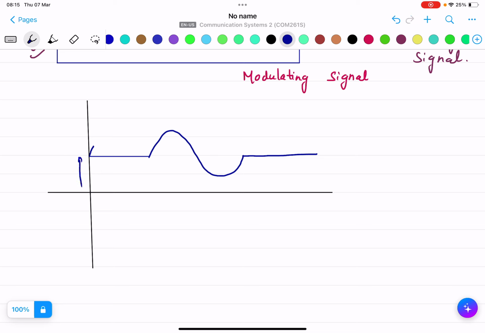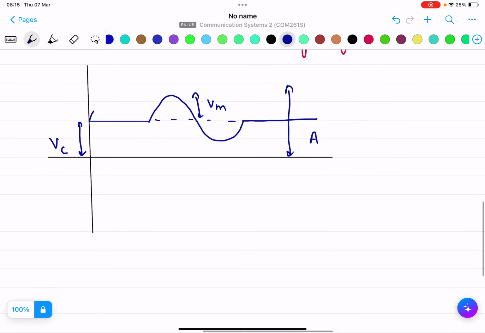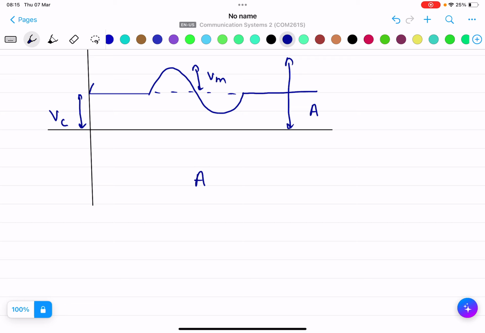Now this height will be Vc, and this height will be Vm, and the total height let us denote with A, which will be equal to Vc plus Vm. A equals Vc plus Vm, right?